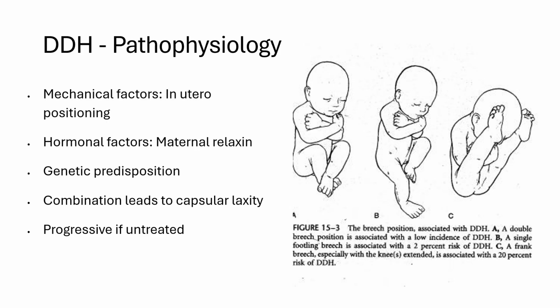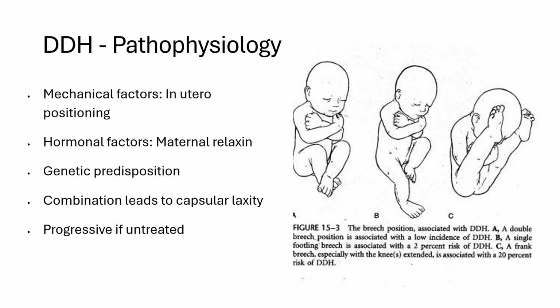Hormonal influences involve maternal pregnancy hormones, particularly relaxin, that cross the placental barrier and affect fetal connective tissues. These hormones create increased joint capsule laxity throughout the musculoskeletal system, making the hip more susceptible to positioning effects. The female predominance reflects greater sensitivity to these hormonal influences.